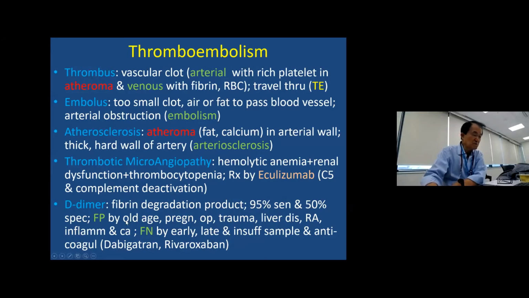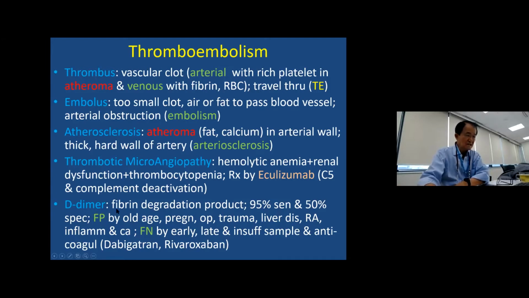Now, we'll talk about more details about D-dimer whenever we think about a pulmonary emboli or thromboembolic disease. We measure the D-dimer. D-dimer is a fibrin degradation product. Measuring D-dimer from a blood test has shown 95% diagnostic sensitivity, but 50% specificity.